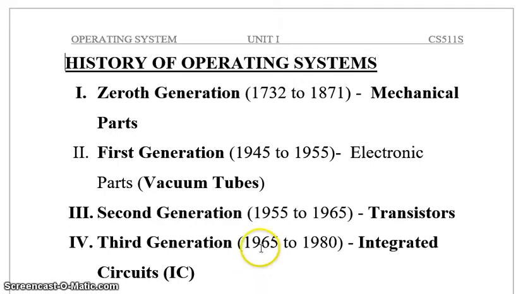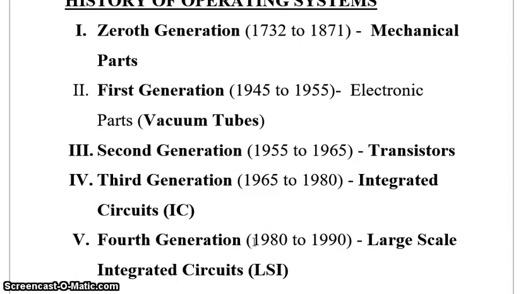This history of operating system is classified into 0th generation, 1st generation, 2nd generation, 3rd and 4th generation. So the 0th generation started in the year 1732 to 1871. Mechanical parts were used. Next, in the 1st generation, 1945 to 1955, electronic parts, that is vacuum tubes, were used.